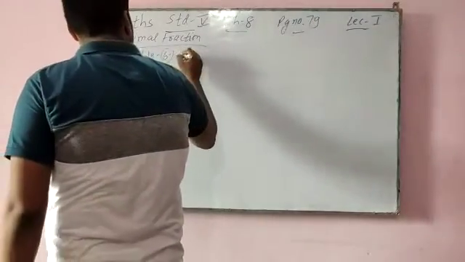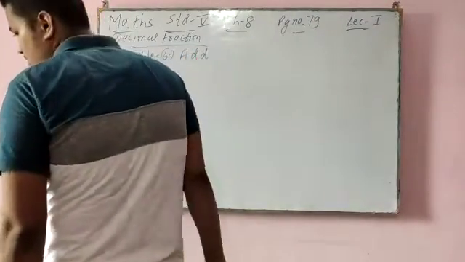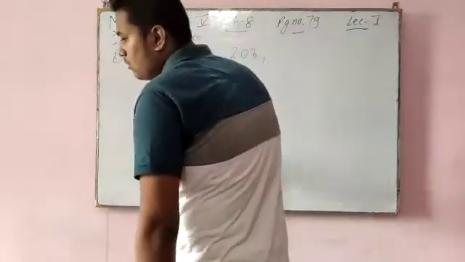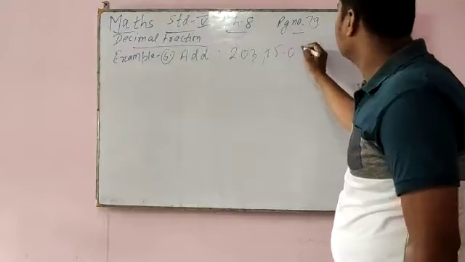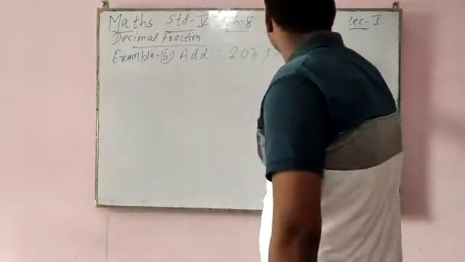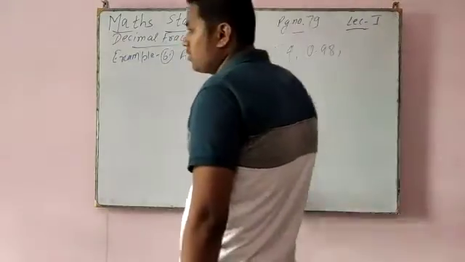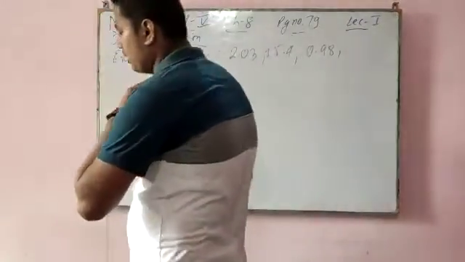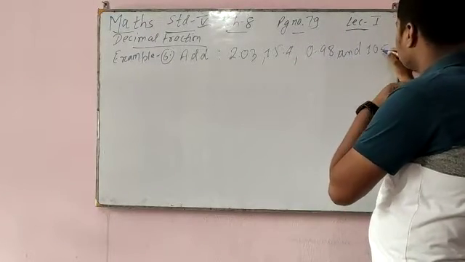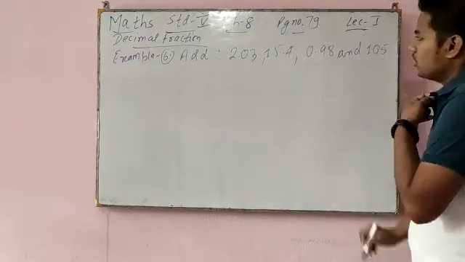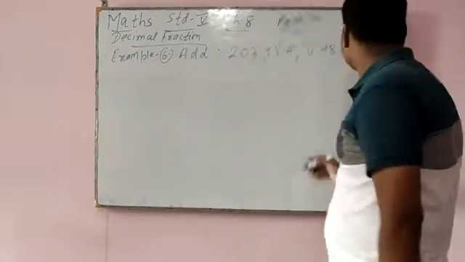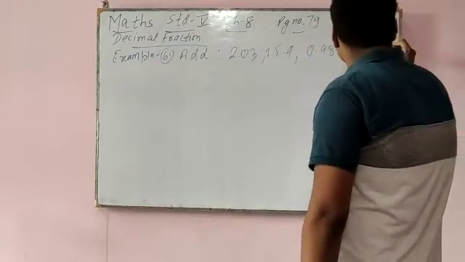Add 2.03, 15.4, 0.98 and 10.5. Okay, 2.03, 15.4, 0.98 and 10.5.